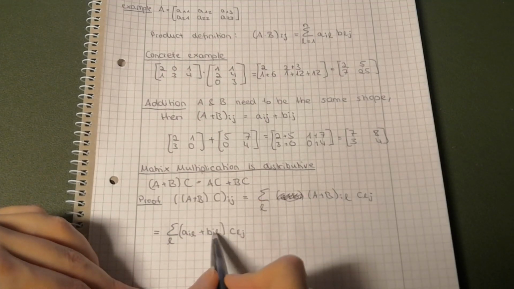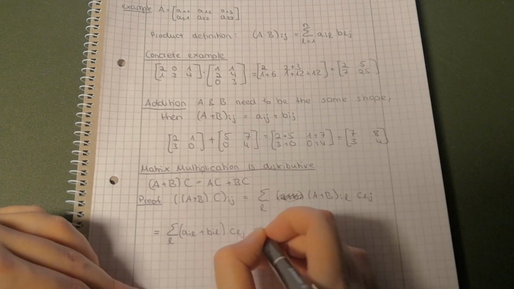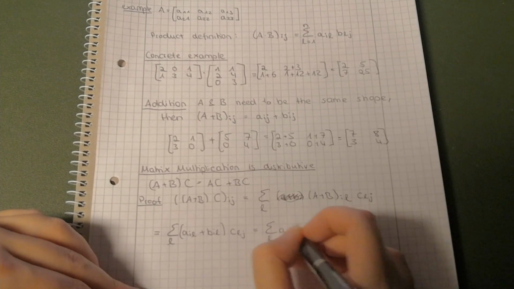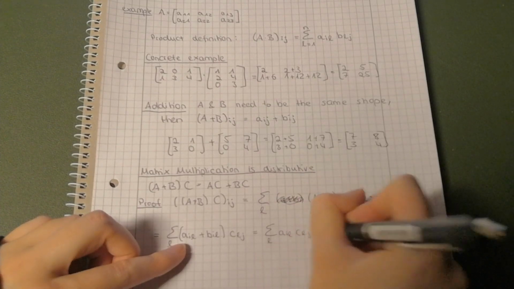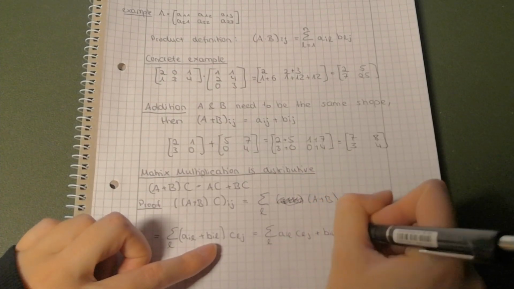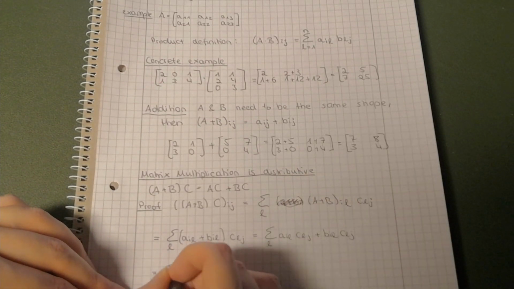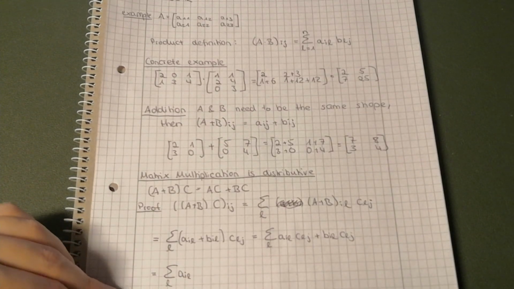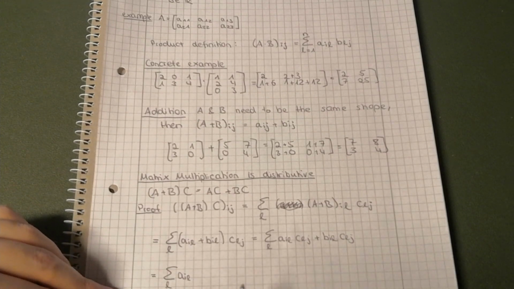And now, because these are just real numbers, we can use the distributive property of the real numbers and say this is the same as A times C and B times C. And now we can use the property of the sum, that we can split it up into two separate sums, because the sum of real numbers is commutative, so you can switch the order in which you sum things up.